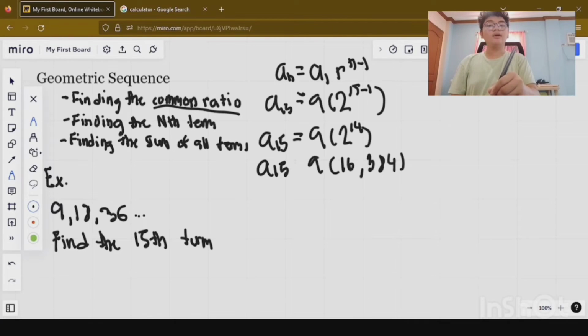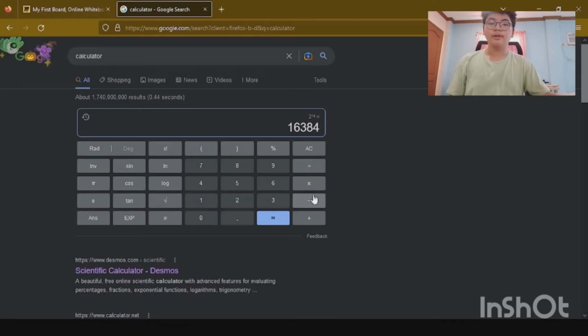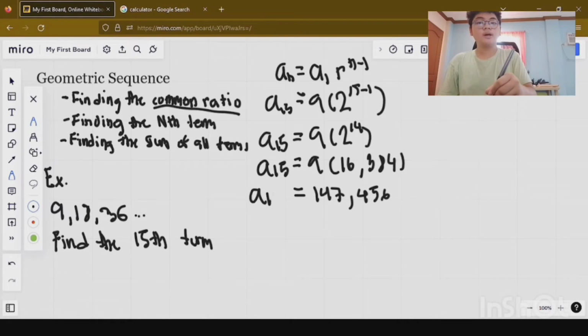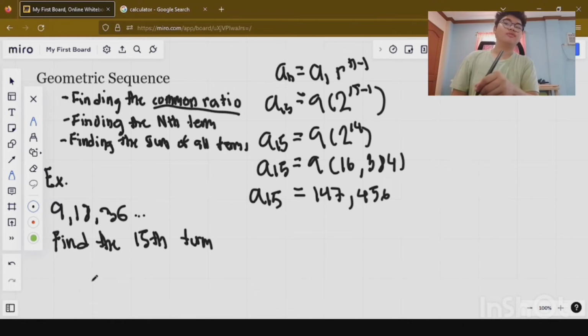Okay, now our final step in this example is 9 times 16,384, which is 147,456. That's our a sub 15, the 15th term in this sequence. Simple as that. Okay, let's have another example.